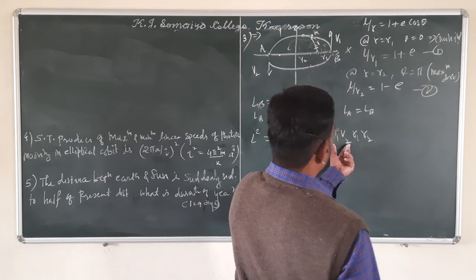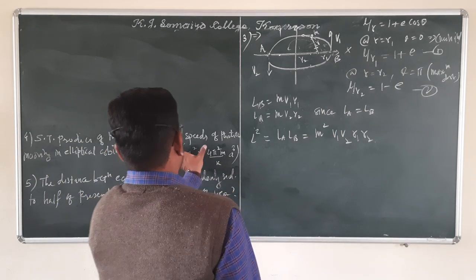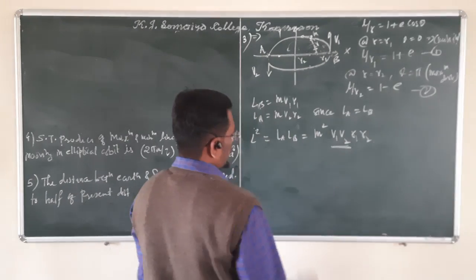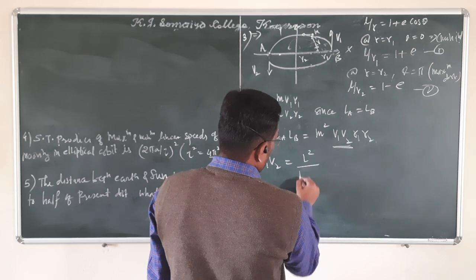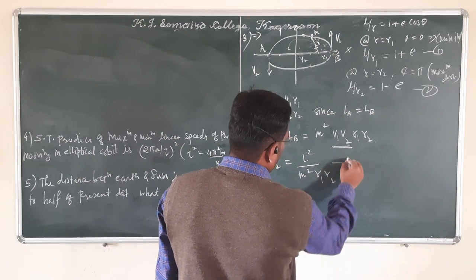If you take the product of maximum and minimum linear speed, that is v1 and v2, therefore v1 v2 is equal to L square divided by m square multiplied by r1 r2.